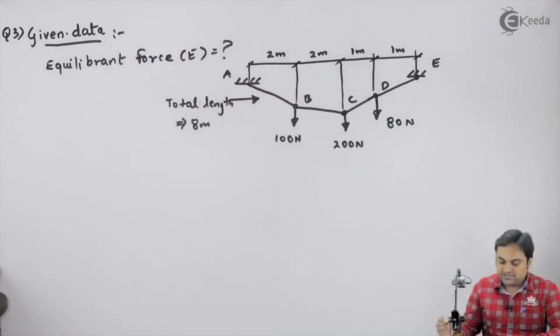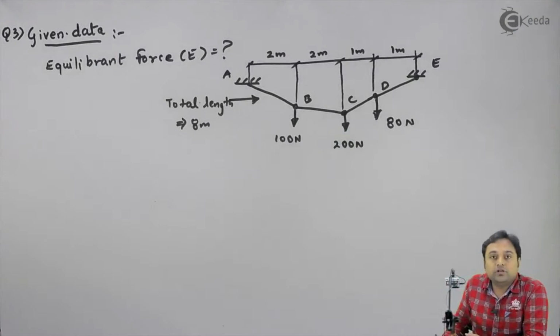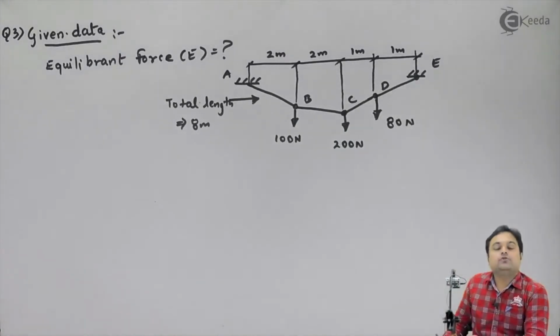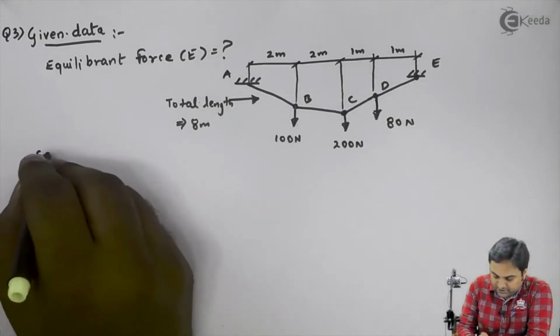That single force which will bring the string to its original position is called the equilibrium force. So to calculate the equilibrium force, first of all you should know the resultant force. I'll write the solution.